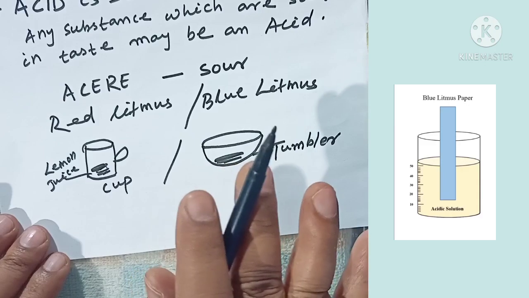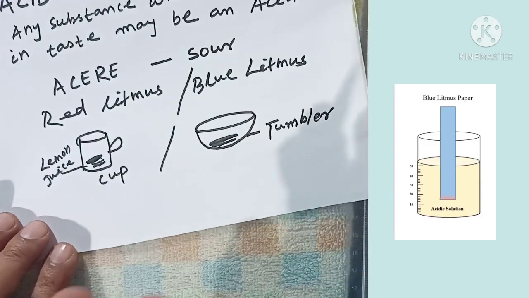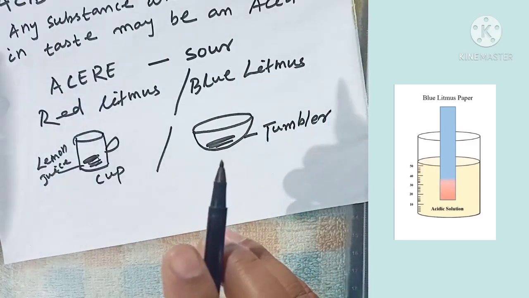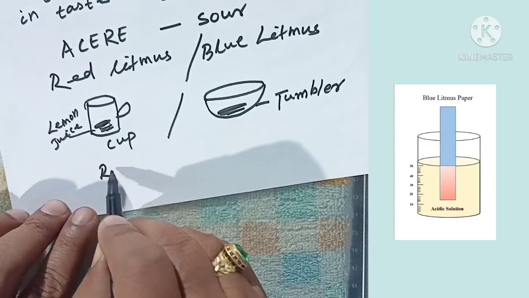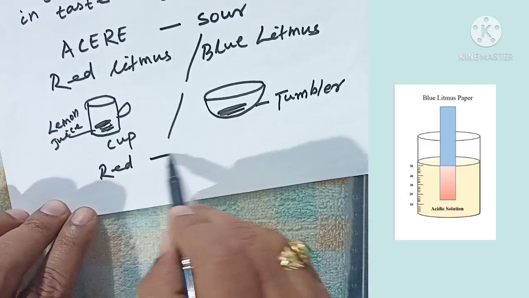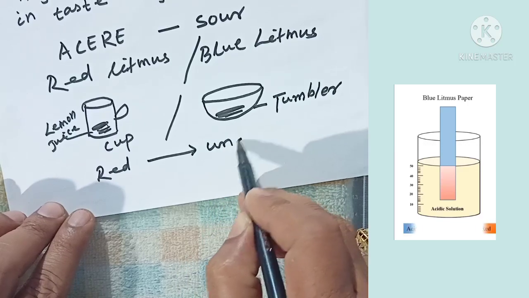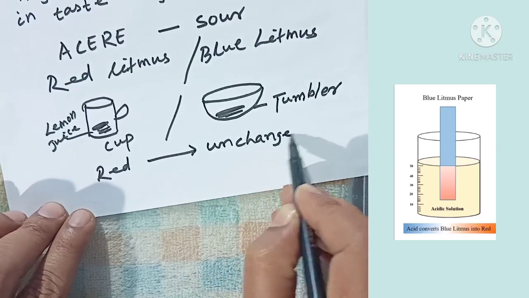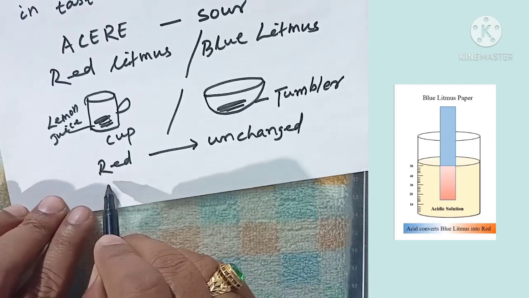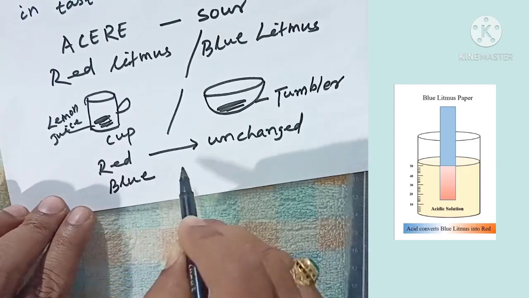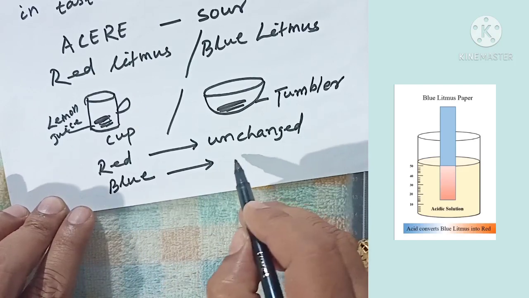What will you find here? You will observe that the color of red litmus paper will remain unchanged, but the color of blue litmus paper will turn red.